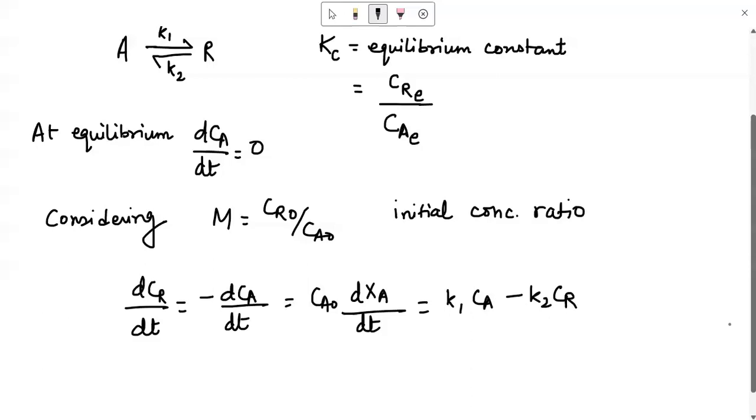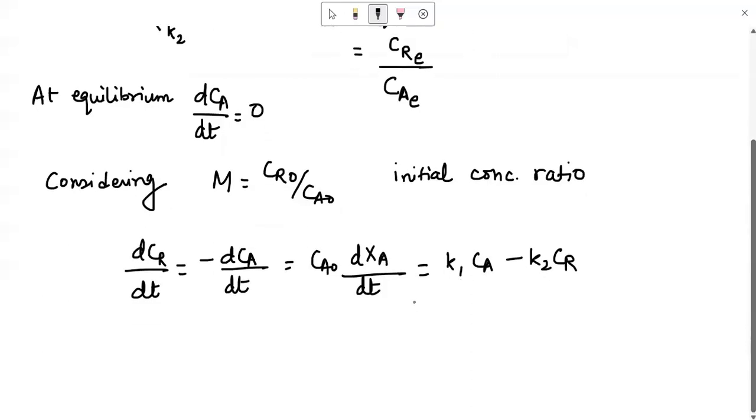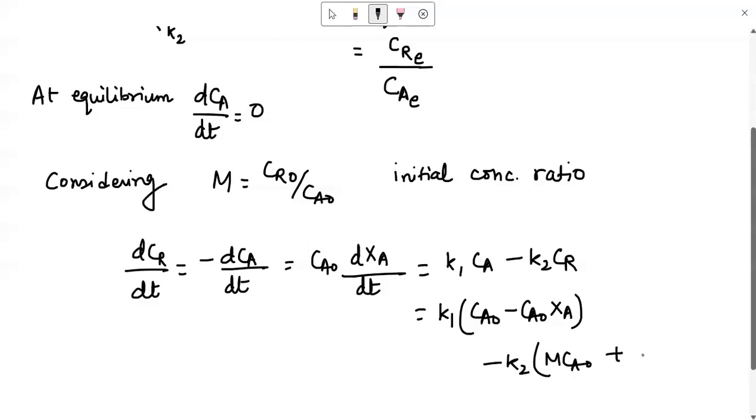Now this you can further simplify and write as K1 into (CA0 minus CA0XA) minus K2 into (M CA0 plus CA0XA).